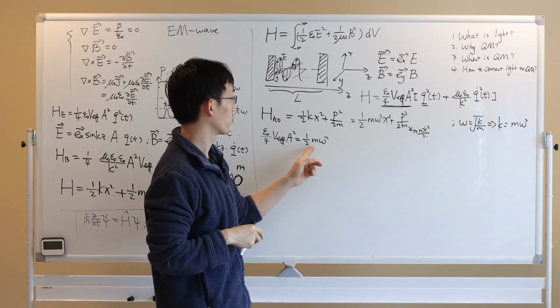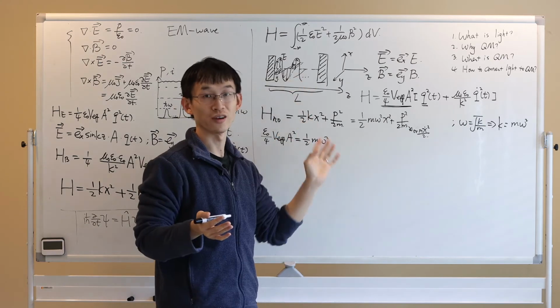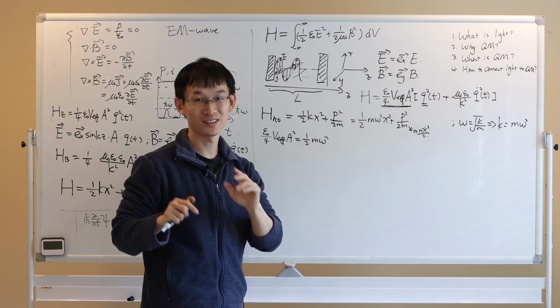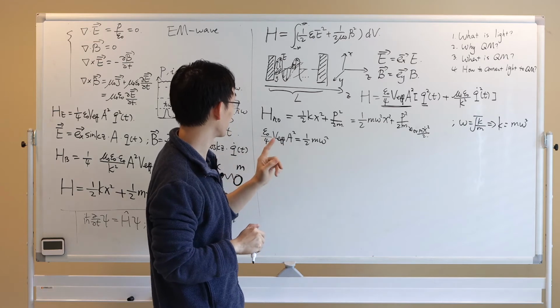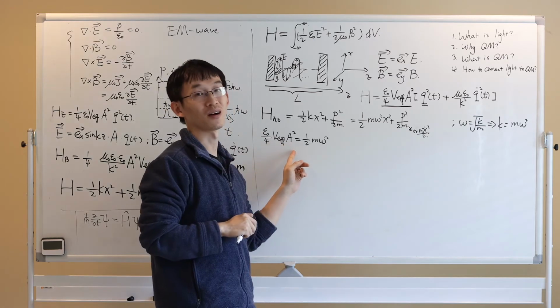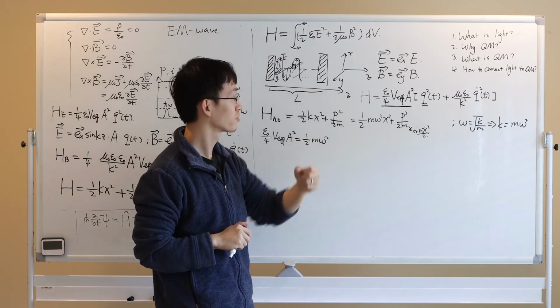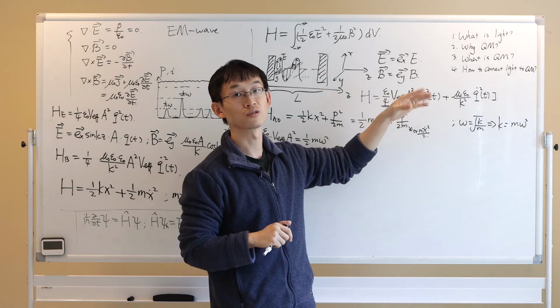First of all, what is m? This is an EM wave, so where's the mass? The fact is that m doesn't matter at all. The reason is that A is a free parameter that you can use to adjust. When you adjust A, q will adjust correspondingly.